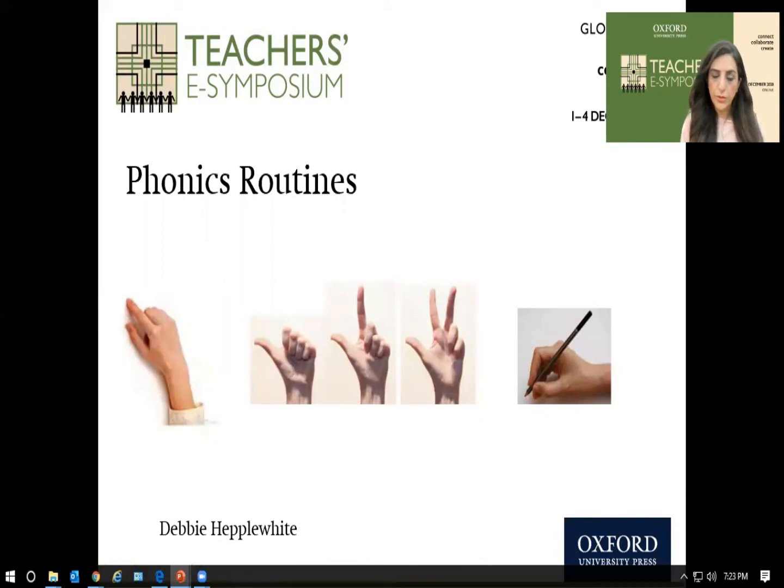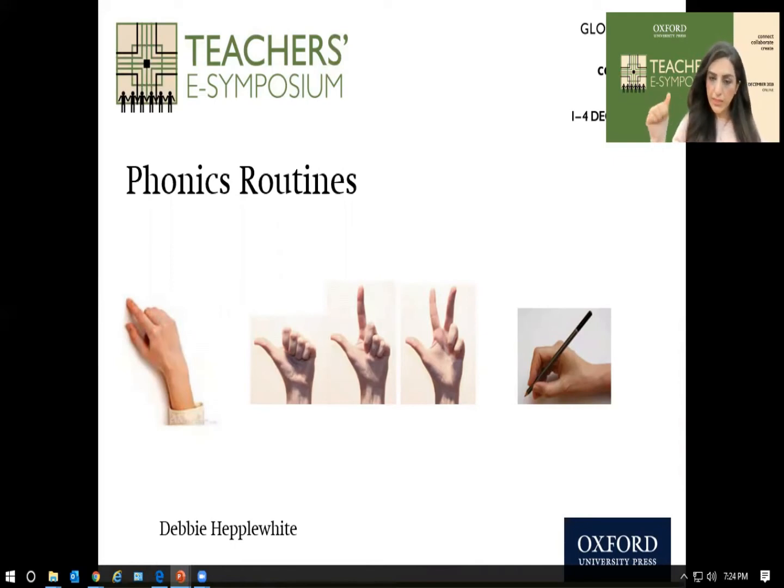So in order to make sure students are independently practicing blending and segmenting, and to monitor it effectively, we need to teach them some phonics routines. There's a routine for blending sounds, a routine for segmenting, and a routine for handwriting. The routine for blending we'll be focusing on in today's session is where you use your index finger to point under each letter-sound correspondence, and then slide it under the word from left to right to blend those sounds.